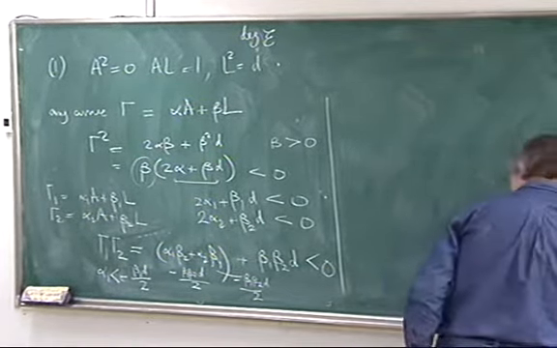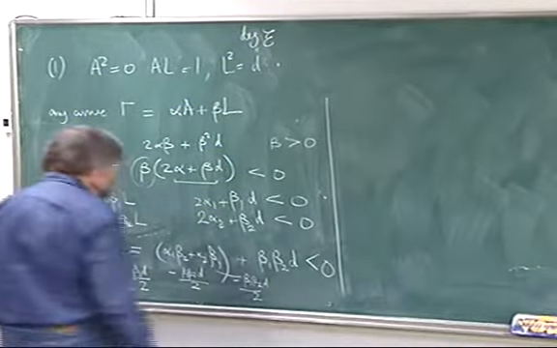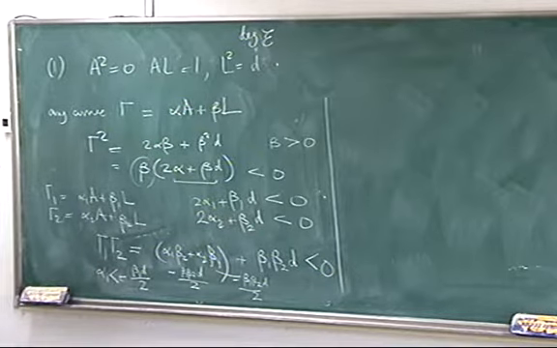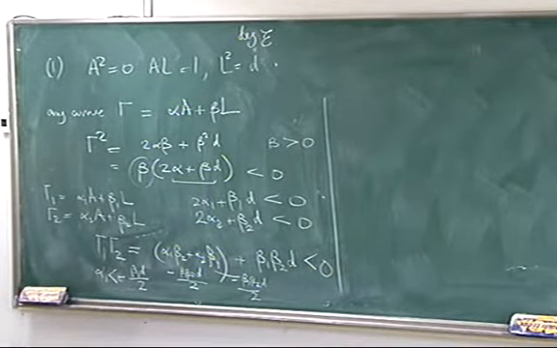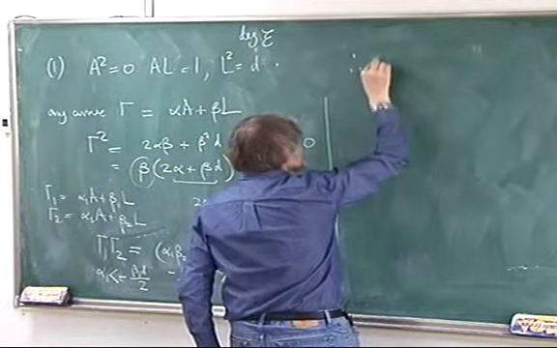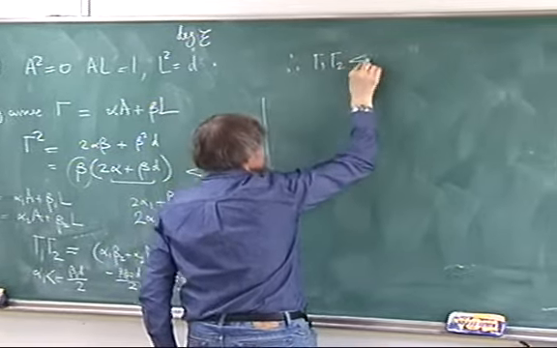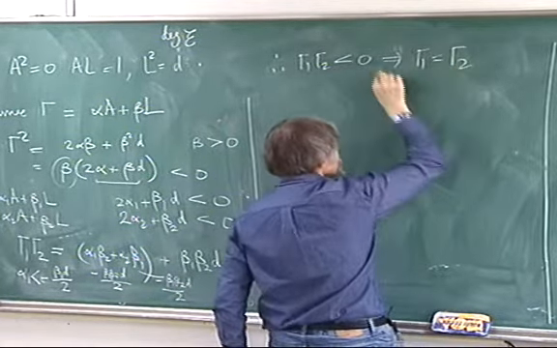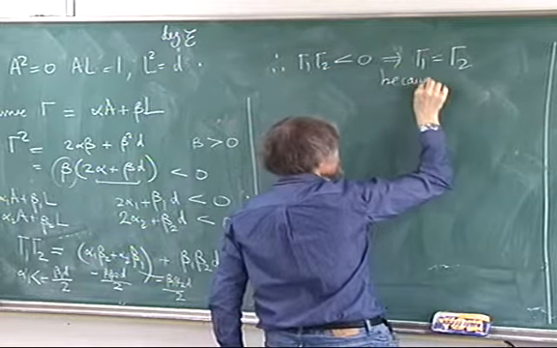So for a vector bundle over a curve, if it's unstable, the instability structure is extremely strongly, uniquely defined. So therefore, gamma 1, gamma 2 negative, and therefore gamma 1 equals gamma 2, because I'm assuming they're irreducible.